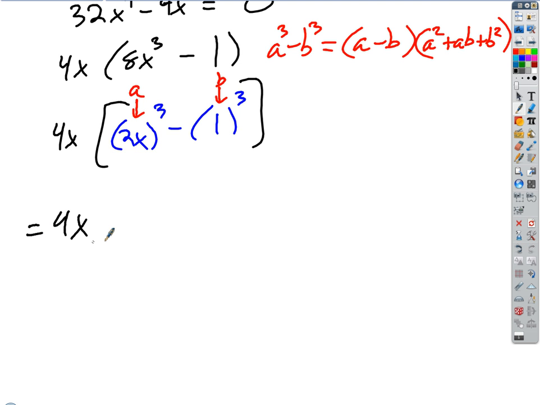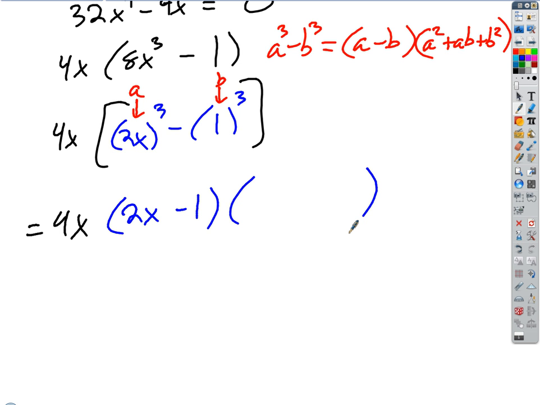Okay, so then this is going to factor into 4x times 2x minus 1 times what? 4x squared. Okay, do we even care? No. Why don't we care? Because it's not going to give us a real solution anyway, is it?